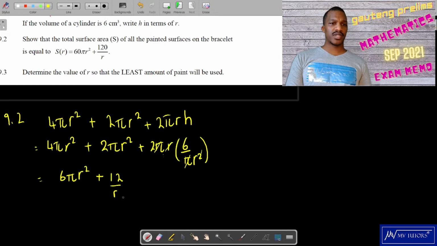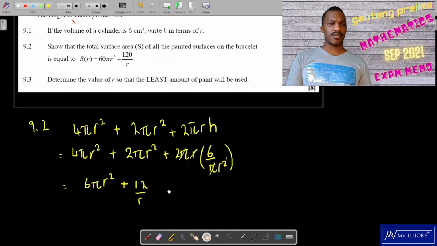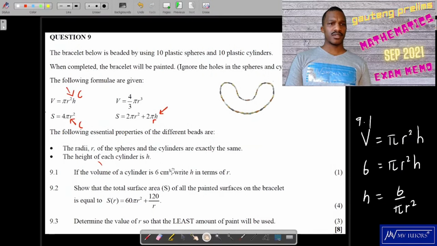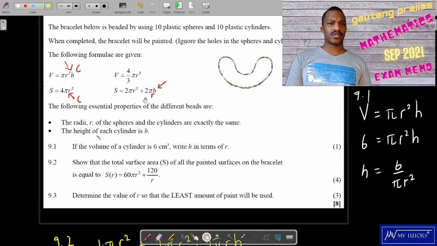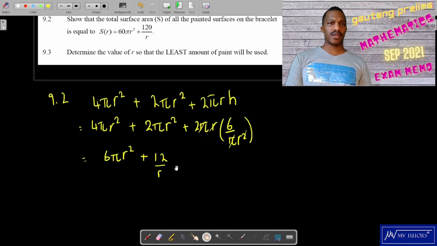Okay, so that's pretty much it. But now they said 120. So where is that 120 coming from? Okay, let's look at this again. Let's look at our values. We got pi r squared and we got h. H is that. Okay, I think we're fine. We can leave it like this, really.